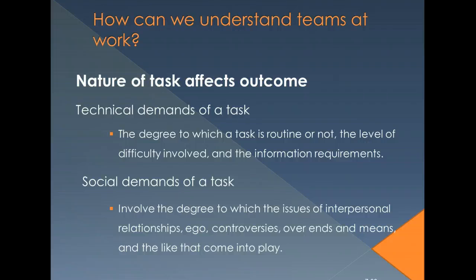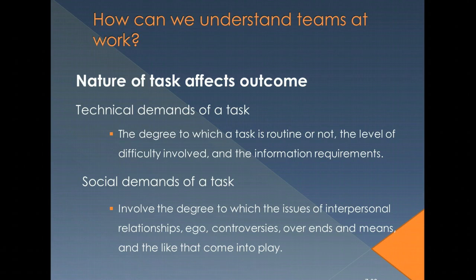If we're talking about the nature of the task, it can put people in a way that interpersonal issues can develop between their relationships, their ego. It could be controversies based on difficult subjects, religion and government mixed together, or political Democrat, Republican issues that they're talking about.